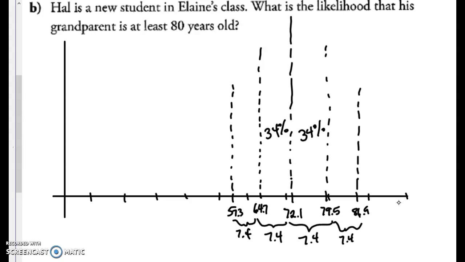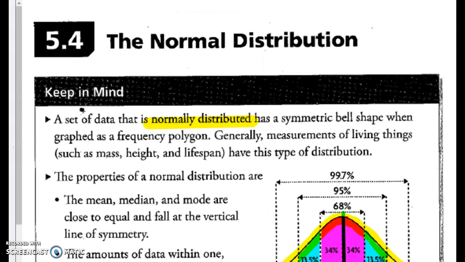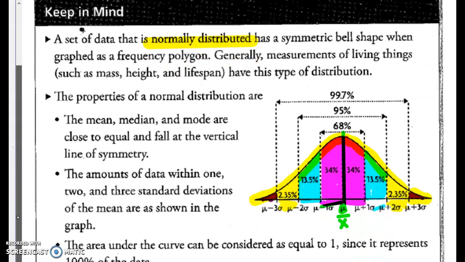And if we would go one more, another 7.4 away from the average, we would get the next one. Okay, now let's go back and look at these percentages. So 34% in the first standard deviation away from the center, the average, and then 13.5%, and then 2.35%.